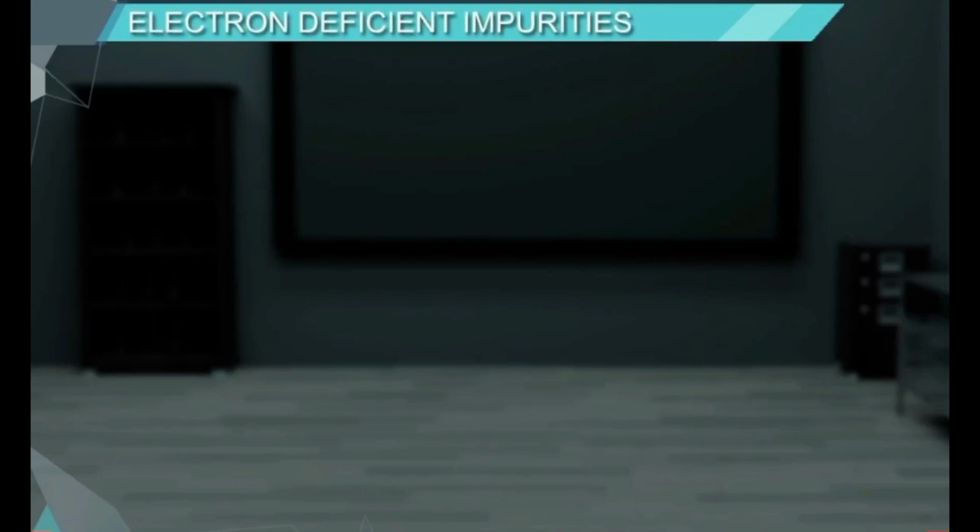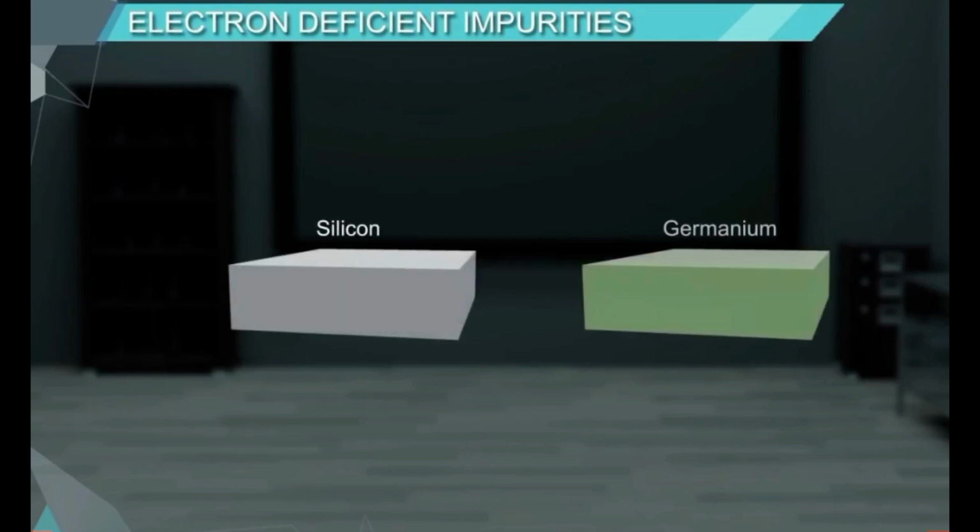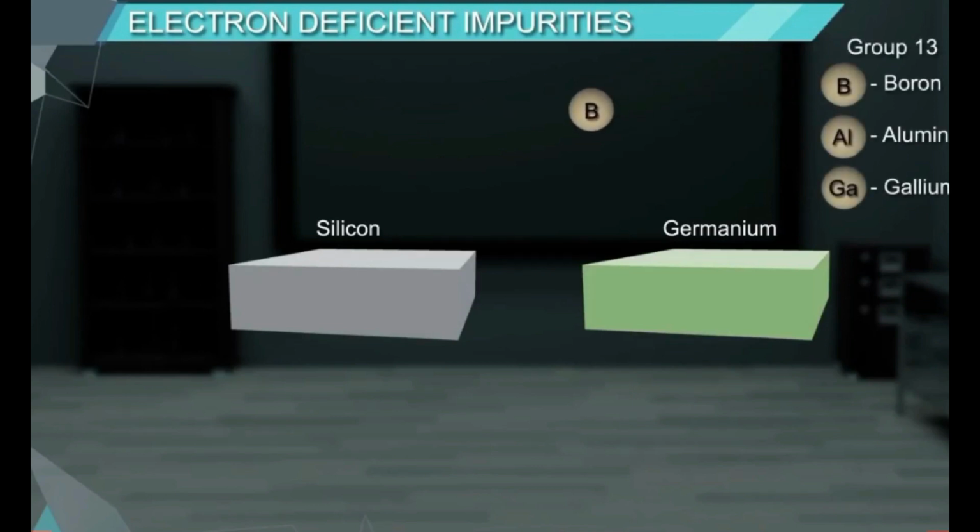Electron-deficient impurities. Electrical conductivity of silicon or germanium can also be increased by doping with group 13 elements such as boron, aluminium or gallium. Group 13 elements have only 3 valence electrons.